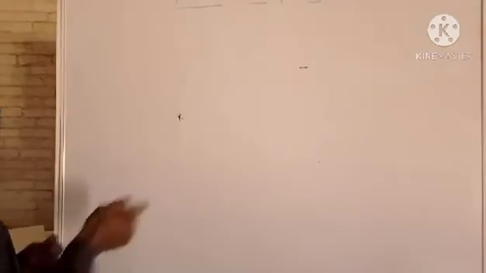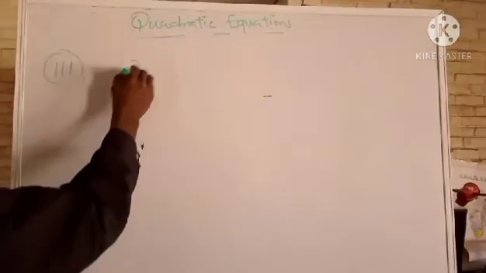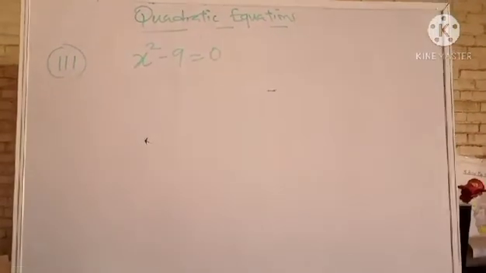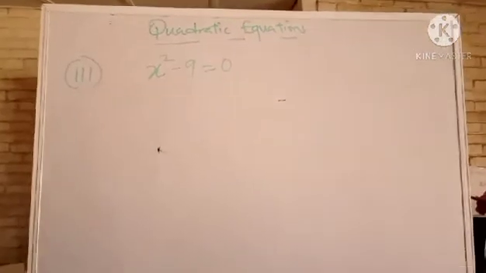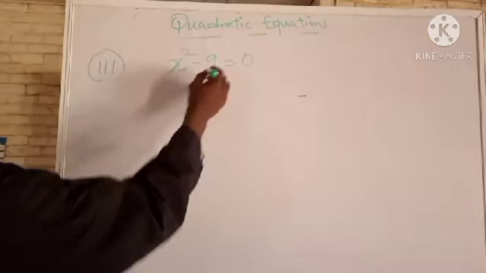The third example. If you're asked to find the roots of this equation, x squared minus 9 equal to 0, here we're going to employ the concept of difference of two squares. Having x squared minus 9 equal to 0, we know 9 is a perfect square.